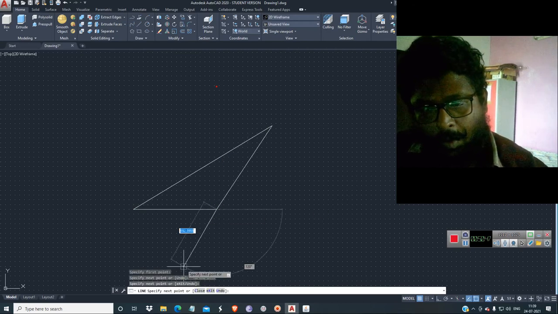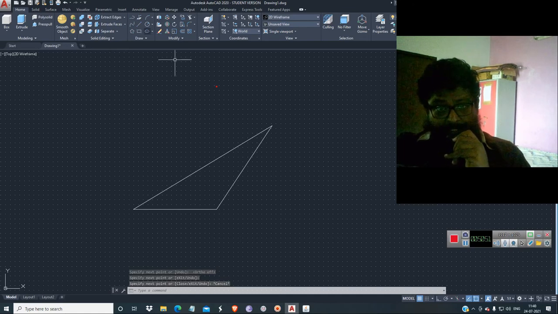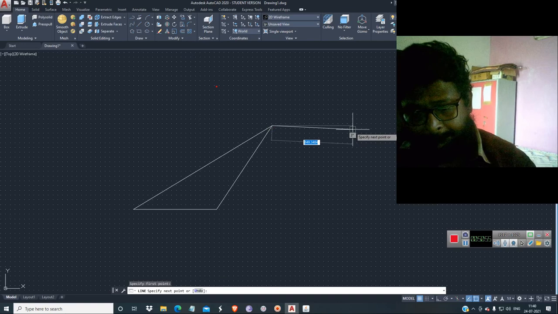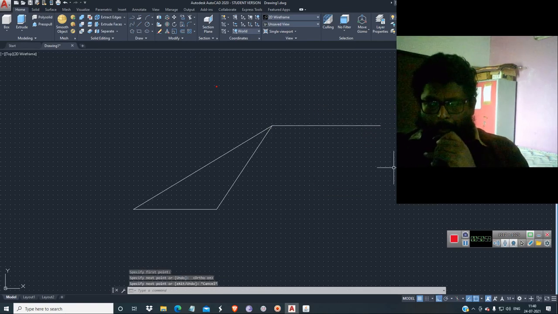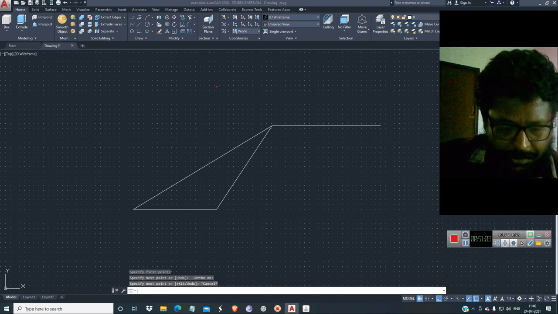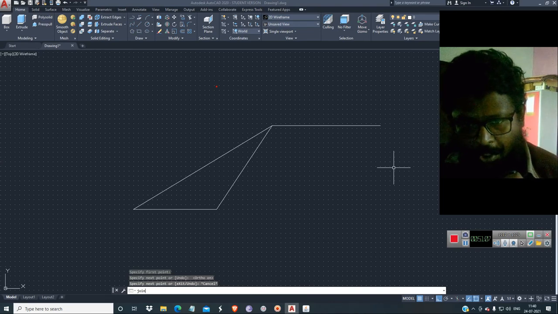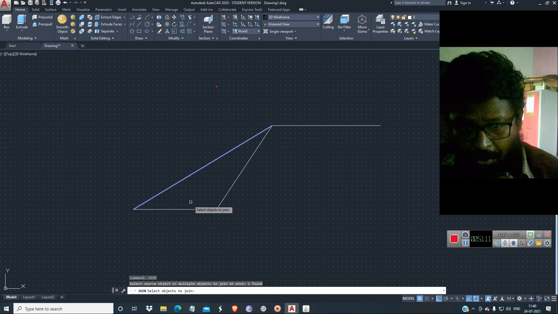Now I'm trying to do one simple procedure. Here I'm drawing a straight line, and now I'm joining it in order to find the area. So let's join all these things.